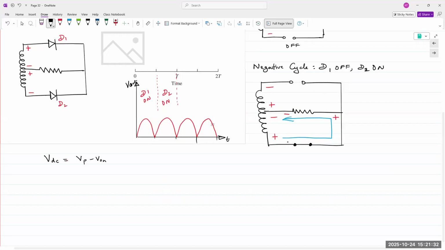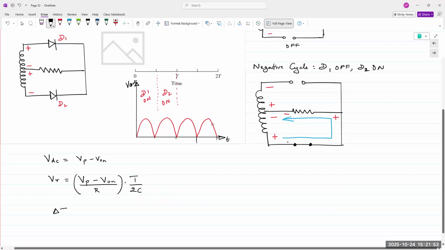This changes, of course, for a full wave bridge when we have two diodes in each line. The ripple voltage is smaller. Well, not smaller, but the frequency is higher. It's twice. Times T over 2C in delta T.